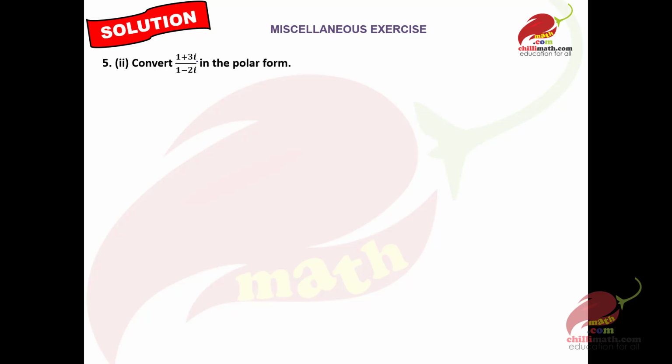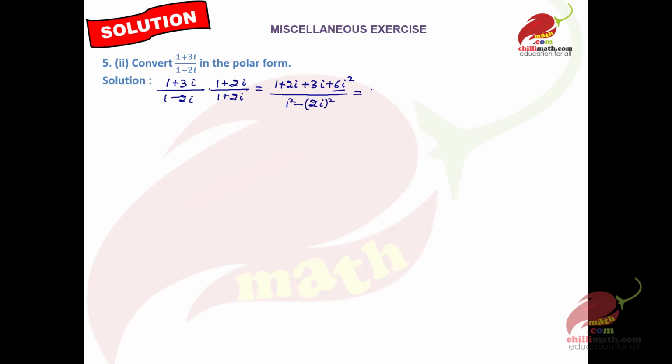Fifth, second part is convert 1 plus 3 iota over 1 minus 2 iota in the polar form. So first of all, it is not in standard form. Let us write in standard form by multiplying and dividing by the conjugate of denominator. By multiplying this, 1 plus 2 iota plus 3 iota plus 6 iota square over a minus b into a plus b is a square minus b square.